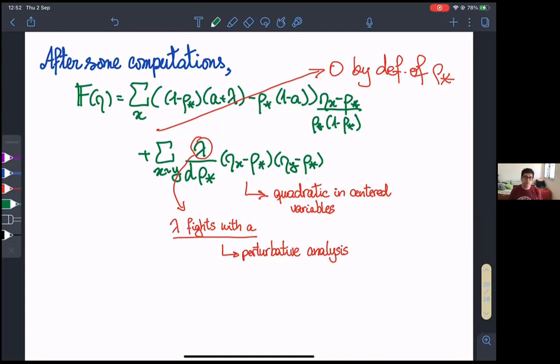The whole difficulty in order to get a large deviations principle for these interacting particle systems comes just from the fact that sometimes the large deviations functional is not good.